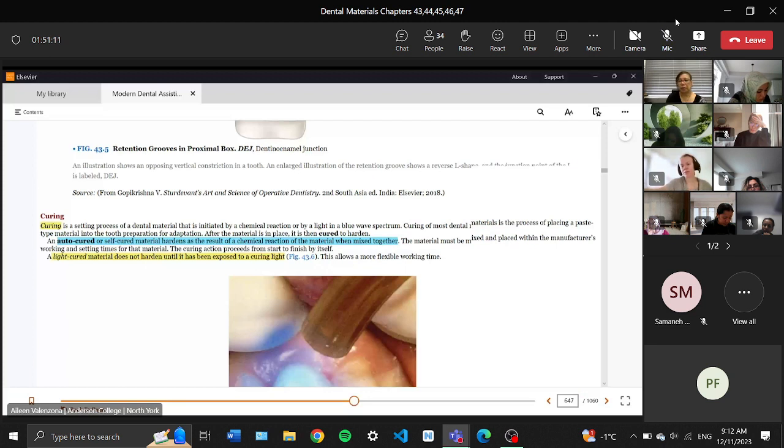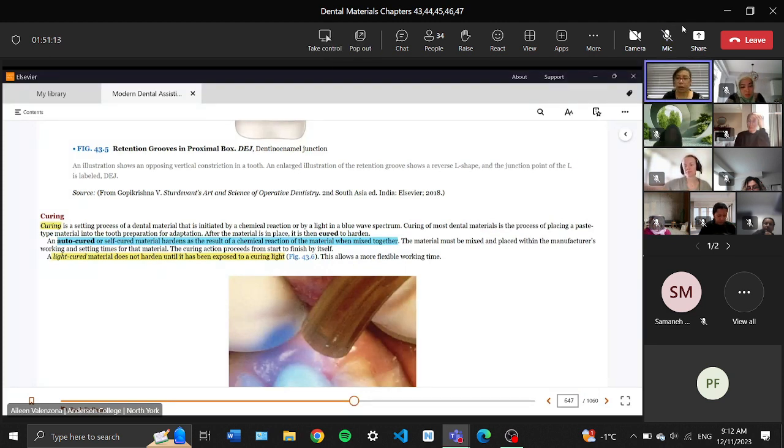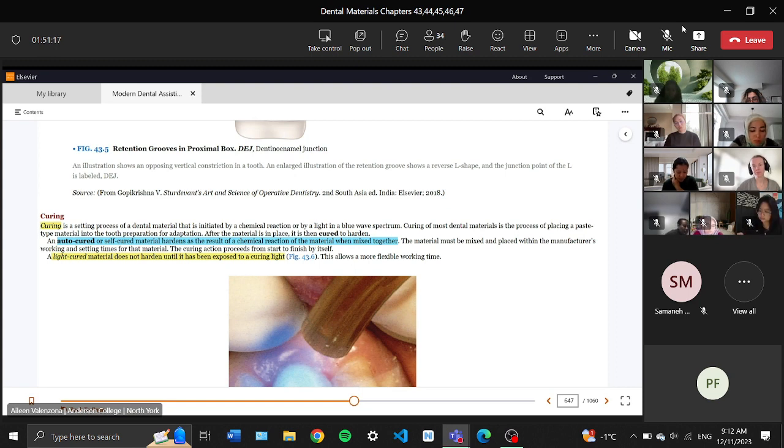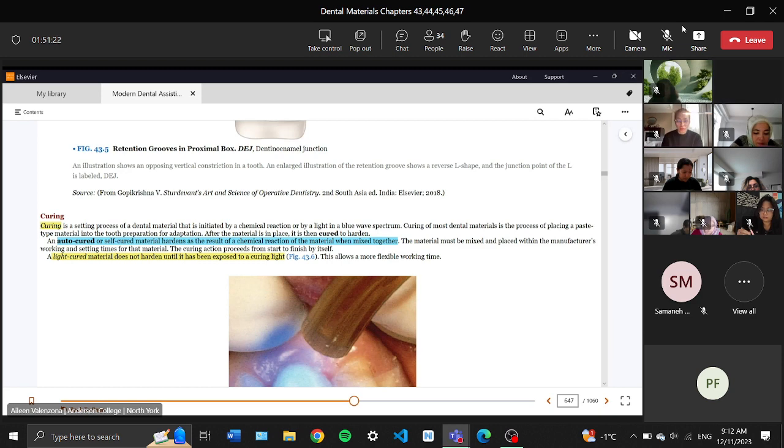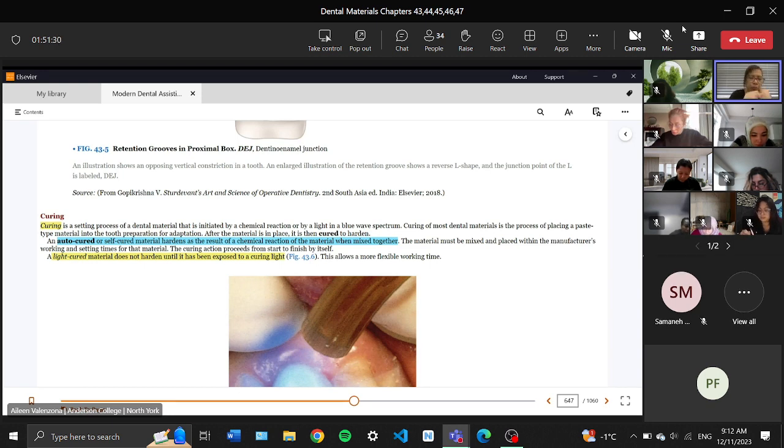So curing. Remember, curing is the light. If you use the light-cure material, it is not going to set until you cure it. Set means to harden. So you have all the time to place, to seal, and to distribute all the material, and it will not set until you do the curing.